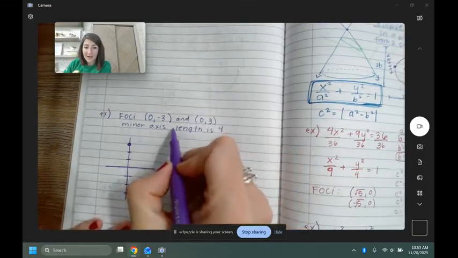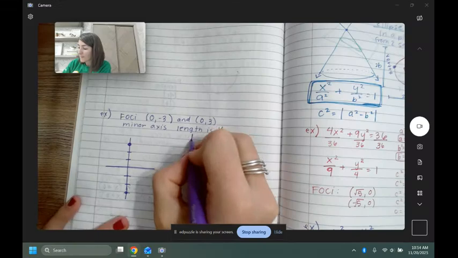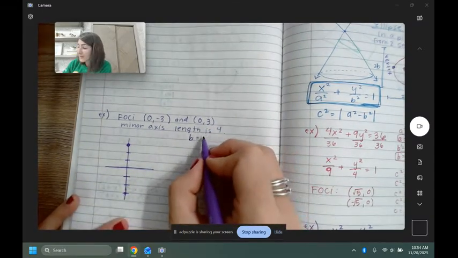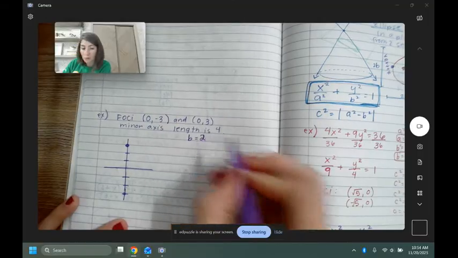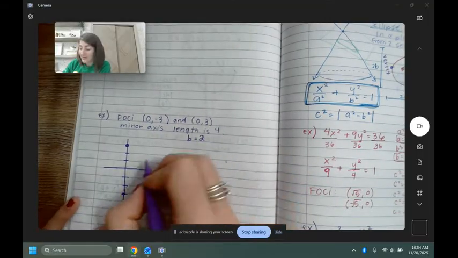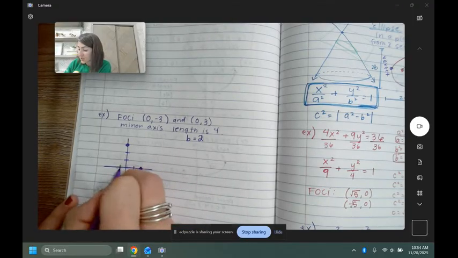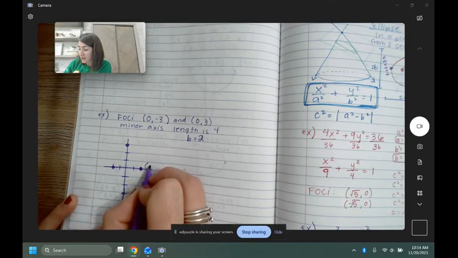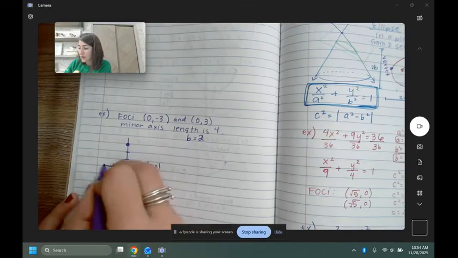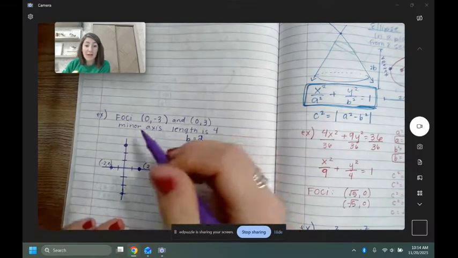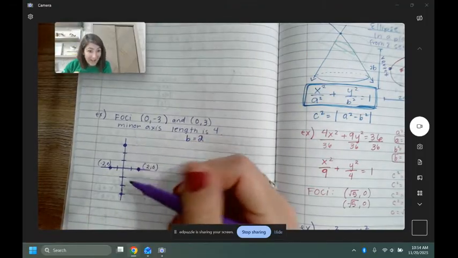And then the minor axis length is 4. If the full length of the minor axis is 4, then B is going to be half that, so B is 2. So then I know that the edges on the minor axis here are going to be 2, 0 and -2, 0. Okay, so now I just have to find what A is.